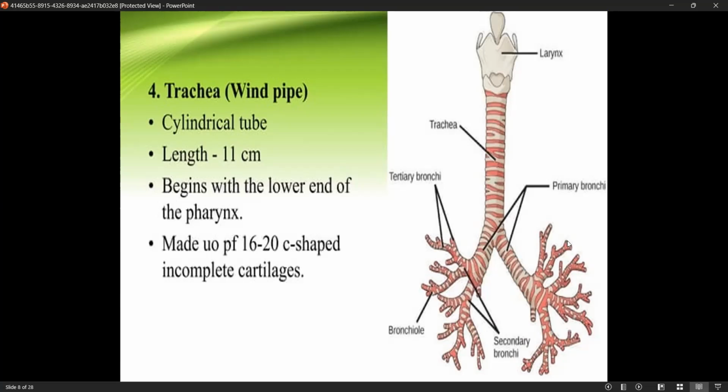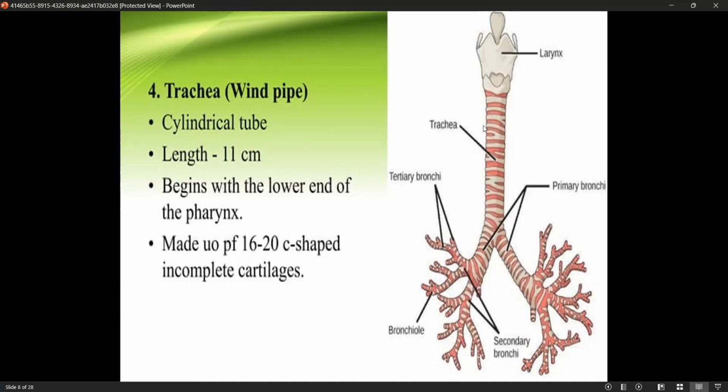And it is made up of 16 to 20 C-shaped incomplete cartilages. Here you can see there are ring-like red structures. So they are C-shaped, right? Incomplete cartilages. So it is formed by that.